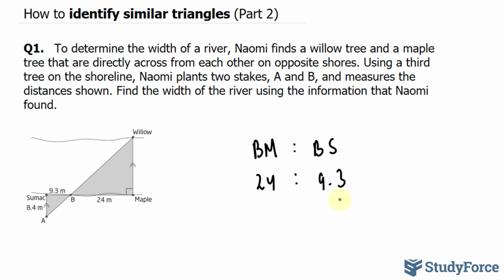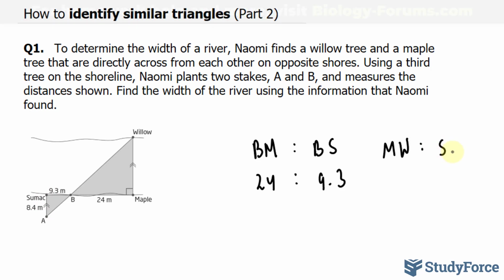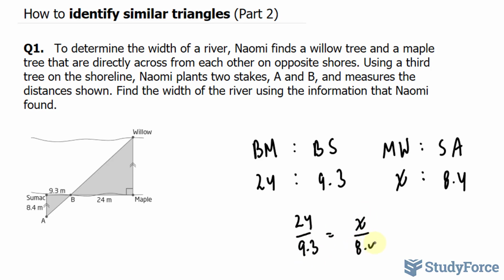And similarly, we can compare the distance from M to W to the distance from S to A. M to W is unknown, which we'll write down as X, and the distance from here to here is 8.4. Now what we can do is make these 2 ratios equal to each other, where we have 24 over 9.3 is equal to X over 8.4.